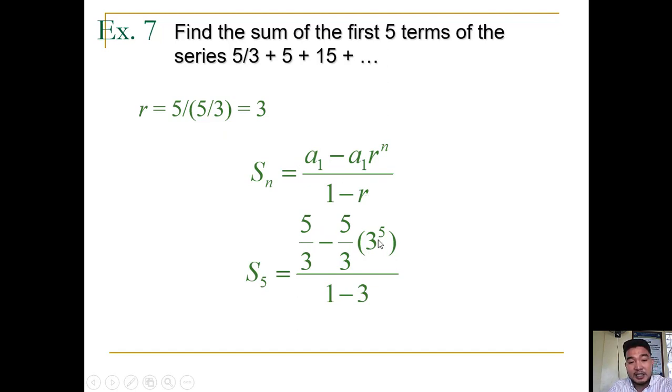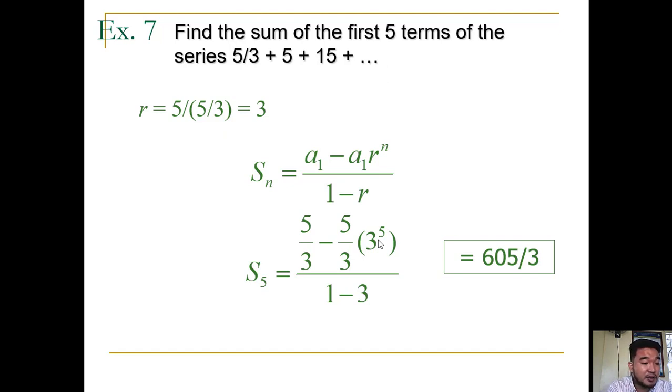Then isimplify lang natin yan muna. 3 raised to 5 is equal to 243 times 5 thirds natin yan is equal to 405.